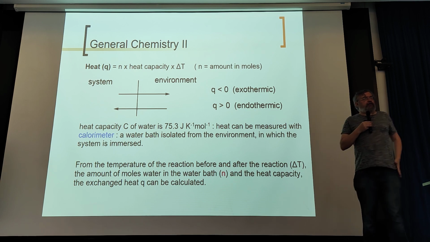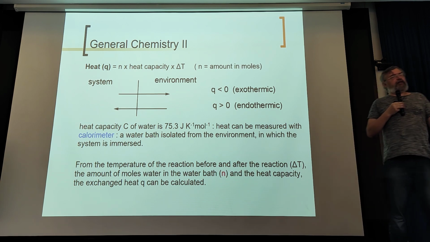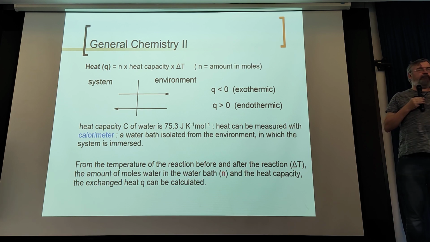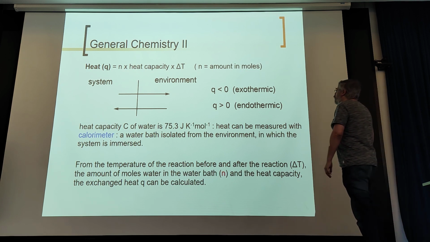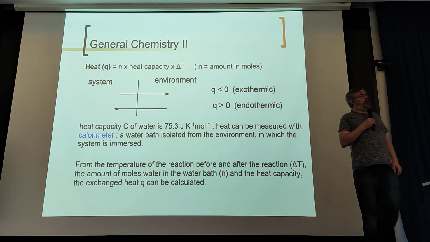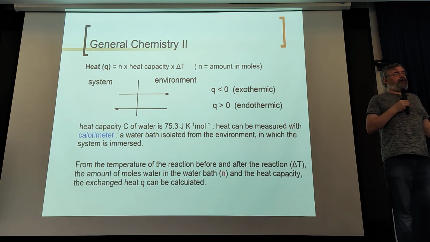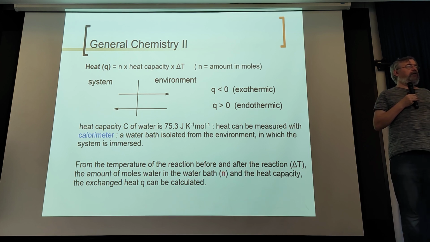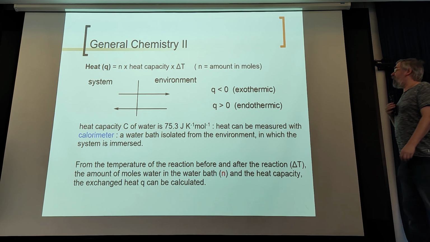So heat is normally abbreviated by Q. I think it comes from the Latin calor. And we can measure heat. We can measure, for instance, that an environment, like a heating mantle, is taking up some heat from a system by an increase in temperature.